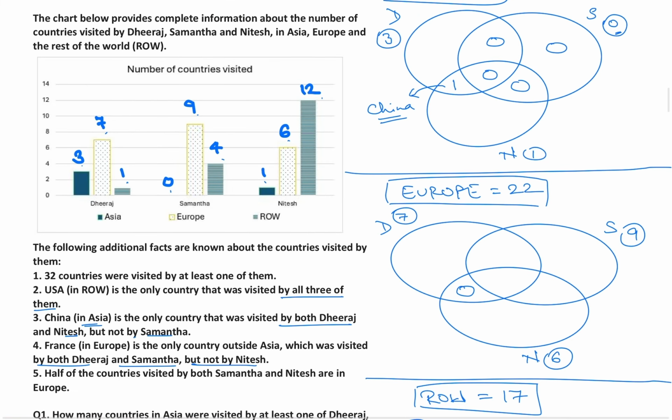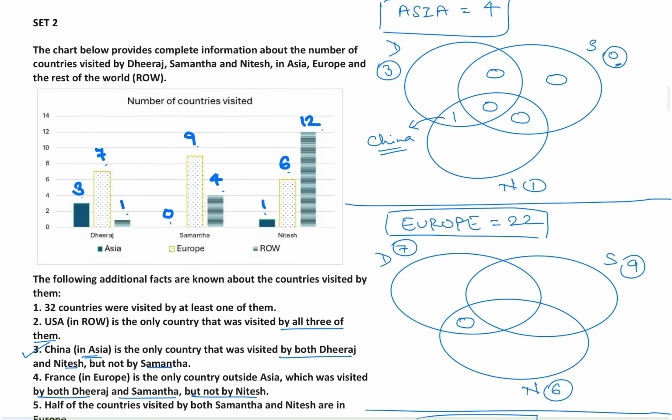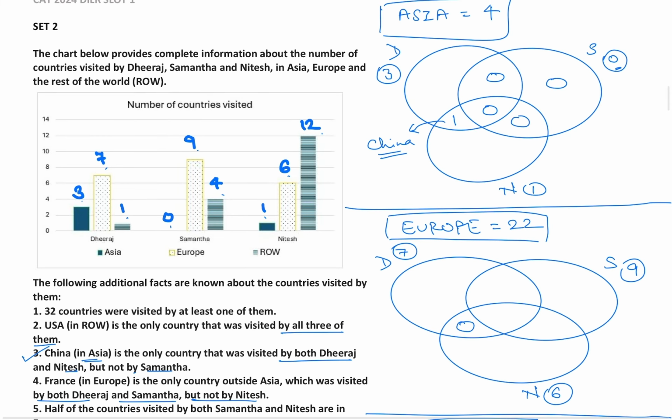Okay. So I'm done with my third point. If you can see here in Asia, Dheeraj visits only 3 countries. I already have one. So this will be 3. And Nitesh also visits only 1 country. So I already have 1 here. So this will be 0. So this Venn diagram pretty much fills itself.